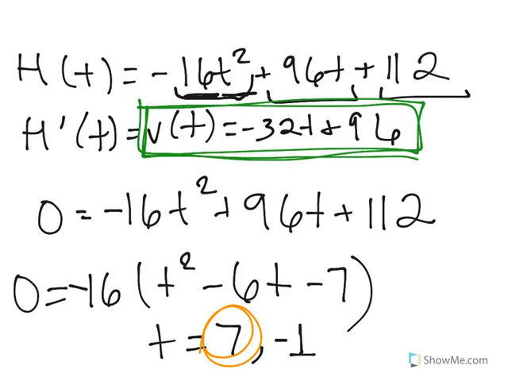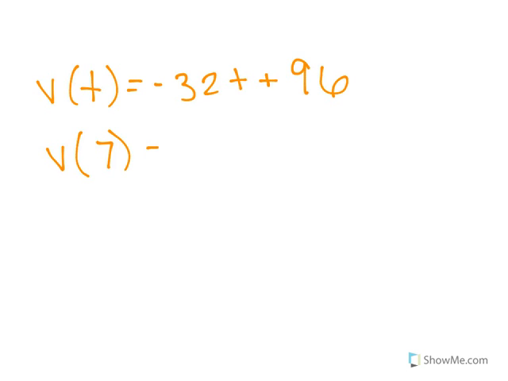And now we need to find the velocity given this time. We already know the equation of velocity, so we just plug it in. We have that v of t is equal to negative 32t plus 96, and we want to find v of 7.